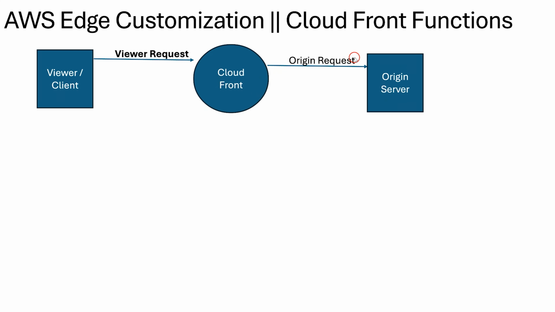Usually we call it the origin request. After that, you will do some processing, for example user authentication, and you authorize the user and send that response back to CloudFront, and CloudFront again sends that response to the viewer. The response from the origin server we call the origin response, and what CloudFront sends back to the viewer we call the viewer response. So these two are in bold and these two are not in bold.